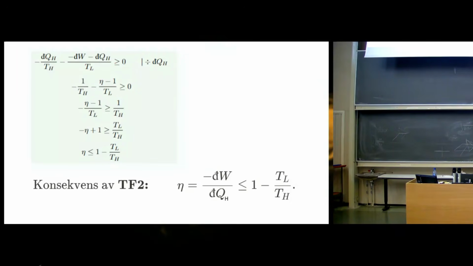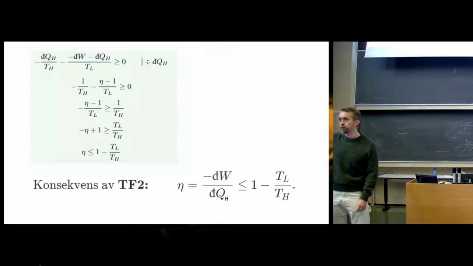The solution is this, right? So I put it in, I rearranged my symbols, and then you get that the efficiency, because of the second law, is 1 minus TL divided by TH. So the hotter the fuel burns, the more efficient the engine can be.